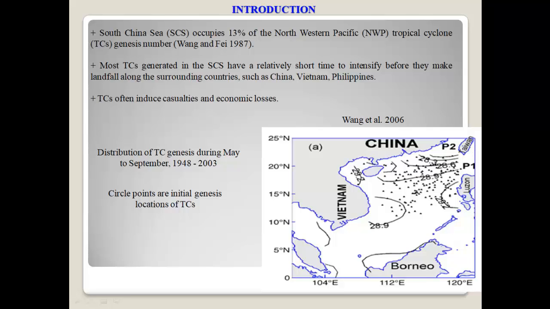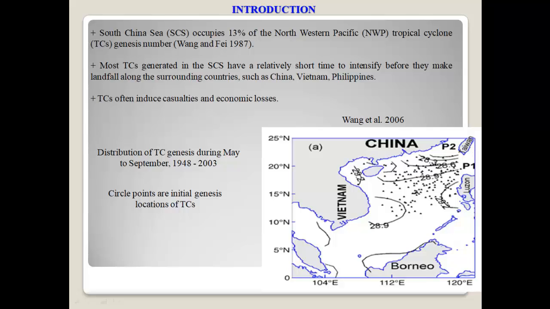The TC genesis in the South China Sea occupies 13% of the TC genesis in the northwestern Pacific. Another characteristic of TCs in the South China Sea is that they have weak intensity because they have a short lifetime over the warm ocean.